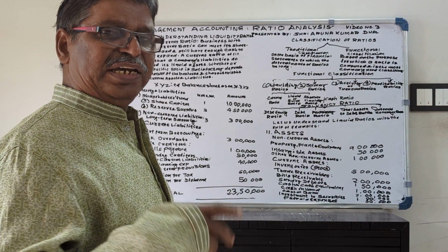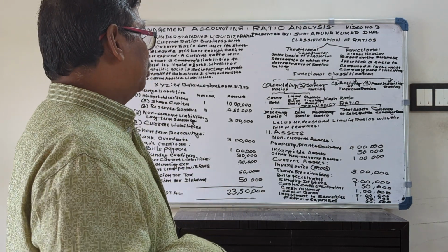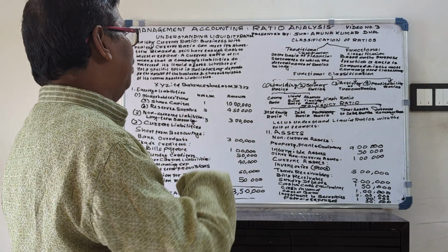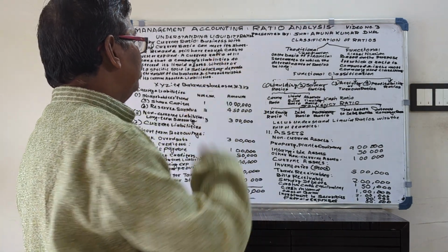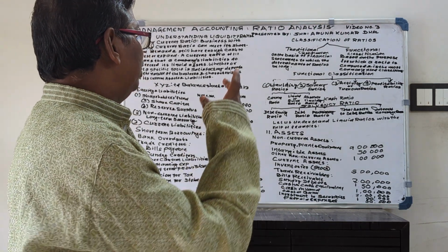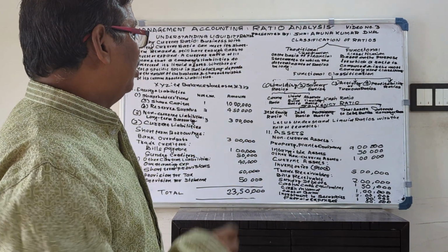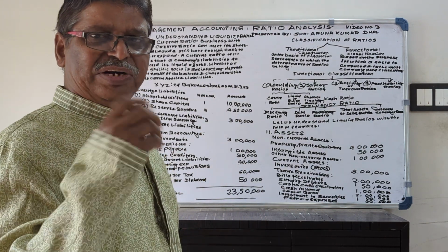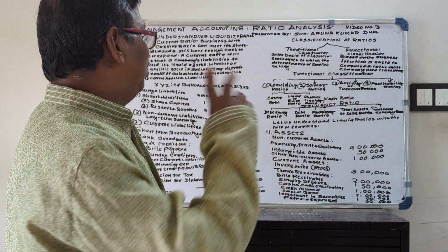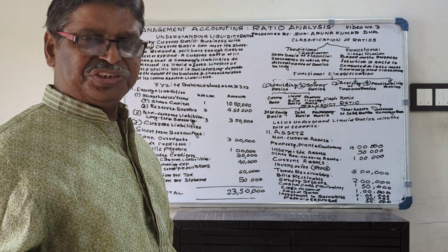Suppose we calculate the gross profit ratio, that is gross profit divided by sales. Both variables belong to the profit and loss statement. Then suppose we calculate on the basis of the balance sheet, such as the current ratio, that is current assets by current liability. Both variables belong to the balance sheet.